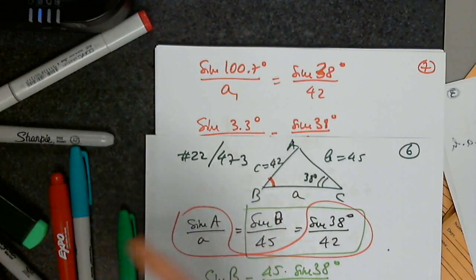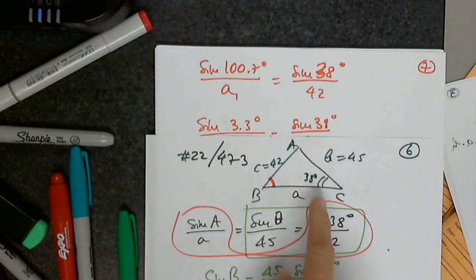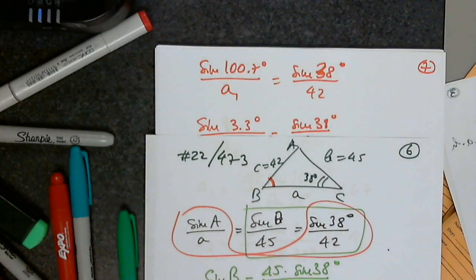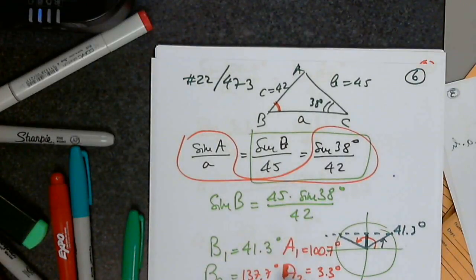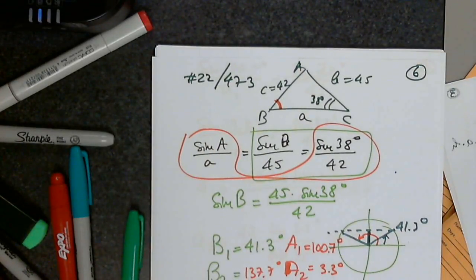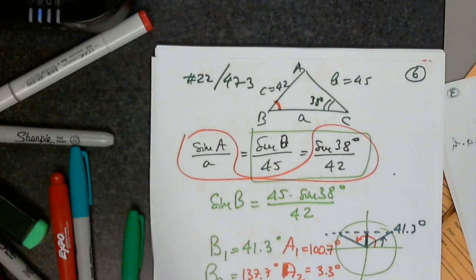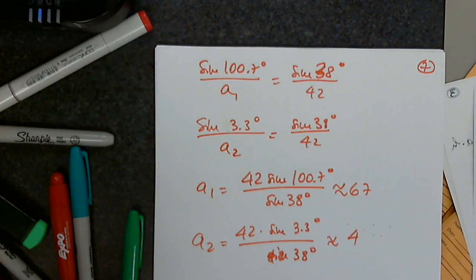So 180 minus 41.3 and minus 38 will give us A1. And 180 minus B2, which is 137.7, and minus 38 will give us A2. Better? Good. Other questions here?